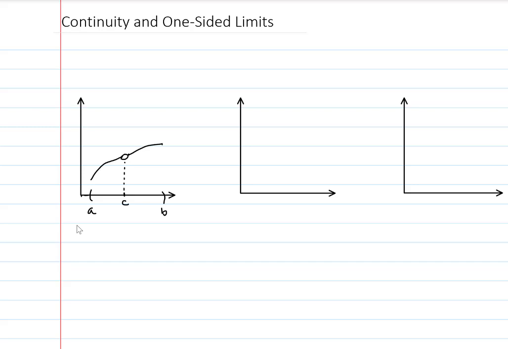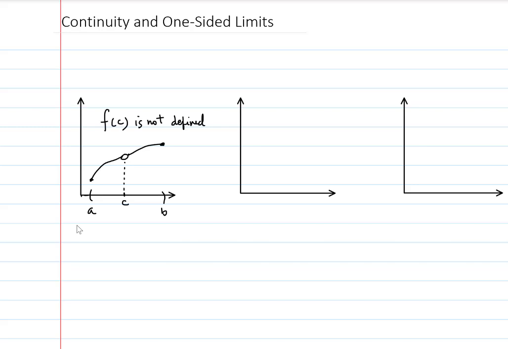However, because there's a break there, this is an example of a function that is not continuous, and we're assuming we're going from the interval a to b here. In other words, f of c is not defined. So when a single point is not defined in a function, we see that as a hole on the graph, and we say that f of c is not defined.